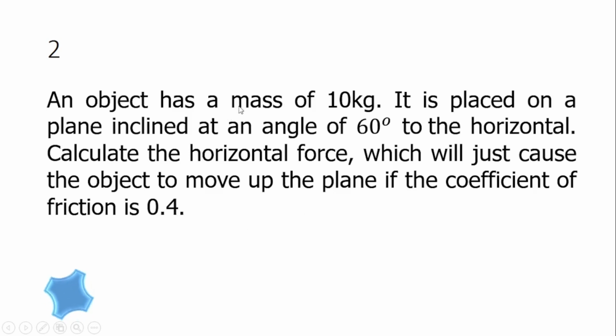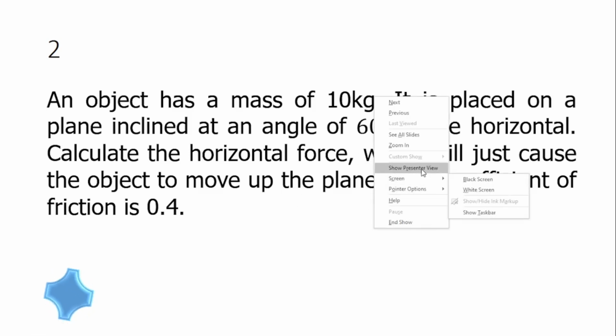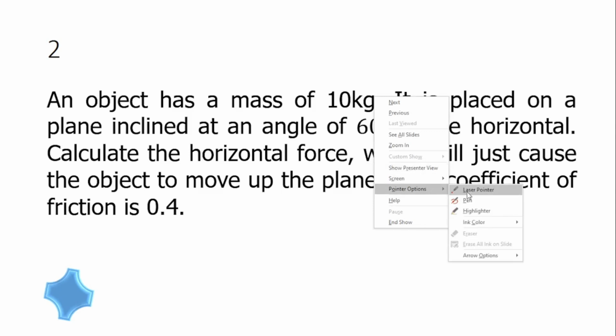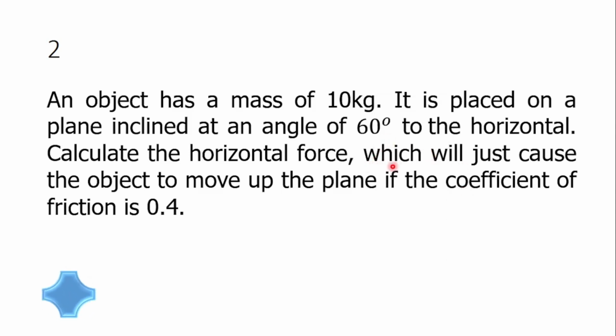Know the parameters: the mass of the object, the angle of inclination, and some other points like this statement, which will just cause the object to move up the plane.